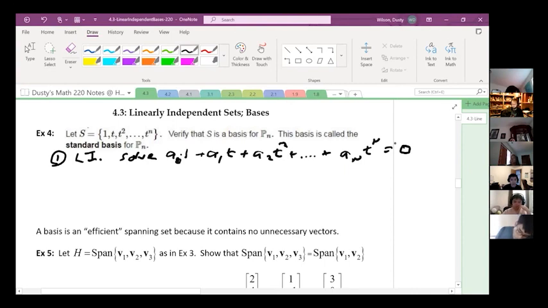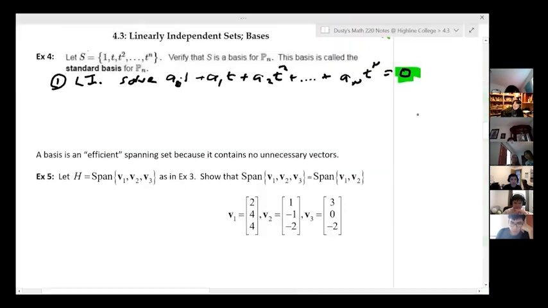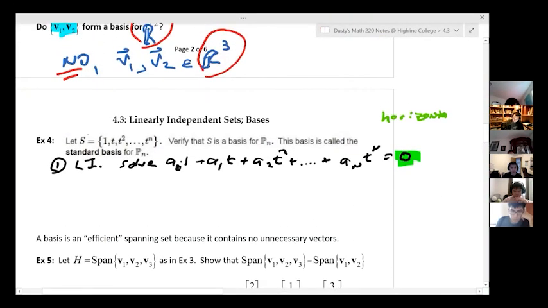If I have an n degree polynomial that's equal to 0, I'm not talking about x-intercepts here or t-intercepts. What I'm talking about is a flat, horizontal line. So that's what I mean when I say equal to 0.